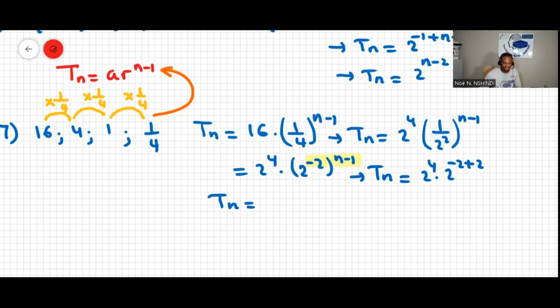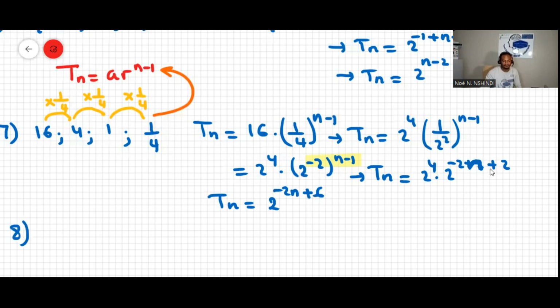Say 2n there, I missed writing my n. Careful, when you times here, negative 2 times n makes negative 2n. Negative 2 times negative 1 also, usually we miss that, makes positive 2. So this makes 2 to the power of negative 2n plus 6.